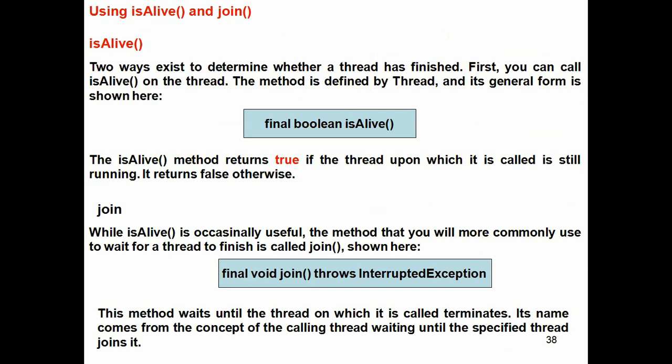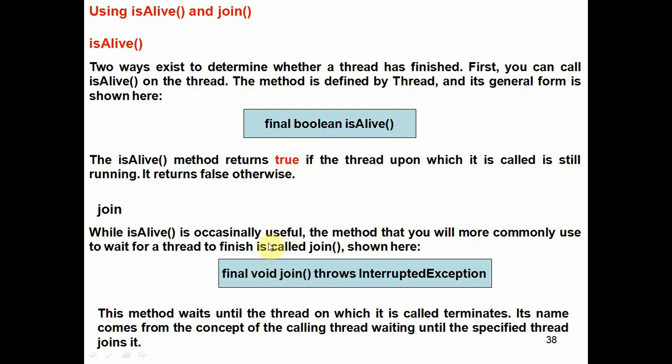Next we will discuss the isAlive and join methods. isAlive is used if you want to check whether a particular thread is alive or not; we need to execute the isAlive method on that object. It returns true if the thread is alive, otherwise it returns false. Then the second method is the join method.